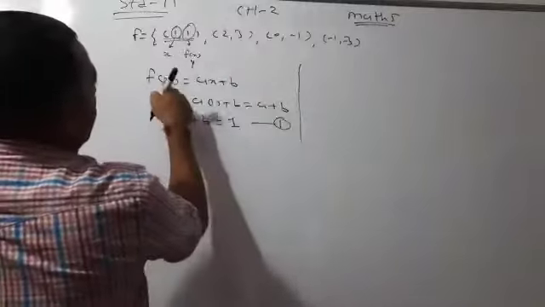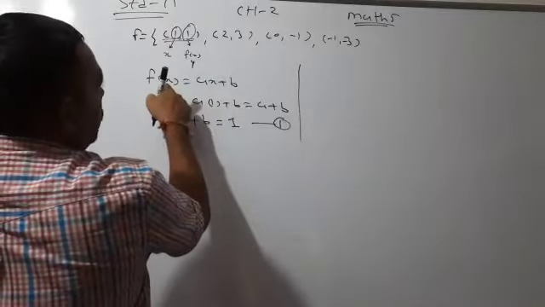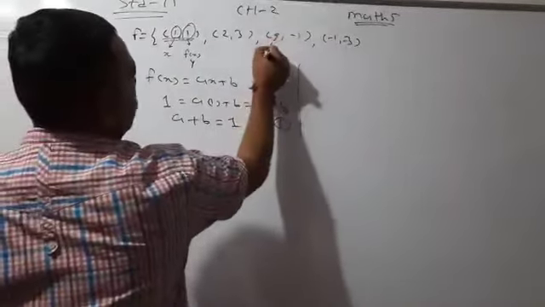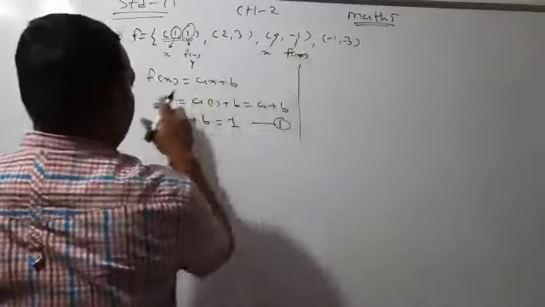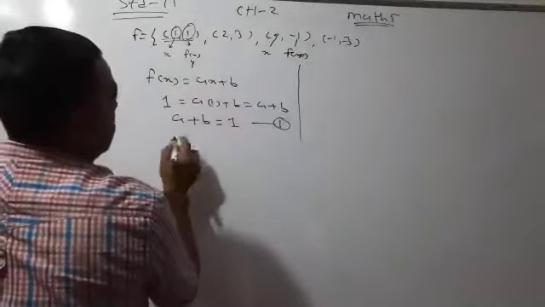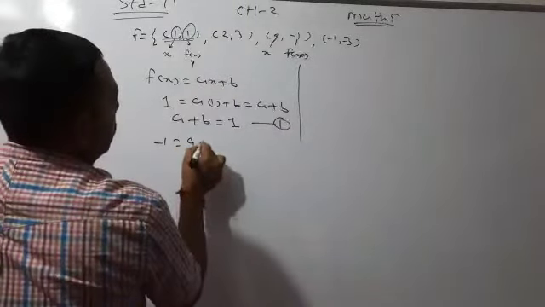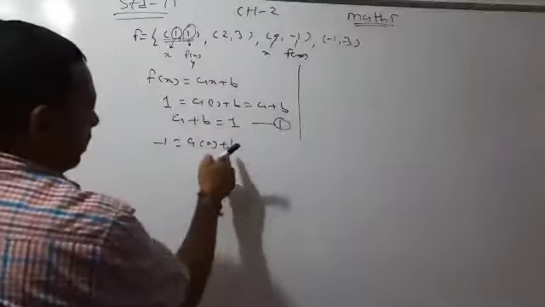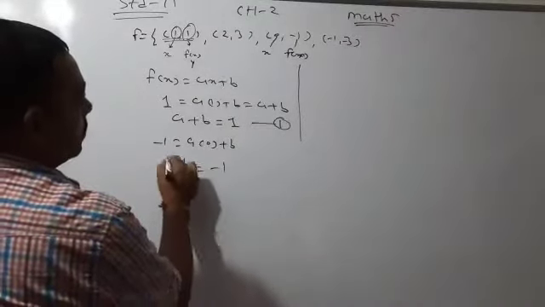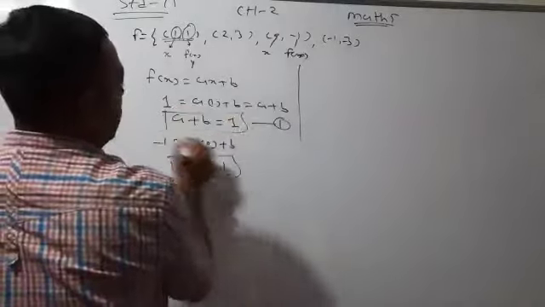If I put 0, then x is 0 but f of x is minus 1. This will be x, this will be f(x). So x will be 0. So final answer, minus 1 is equal to a into 0 plus b. So finally we write b is equal to minus 1. This is equation number 2.